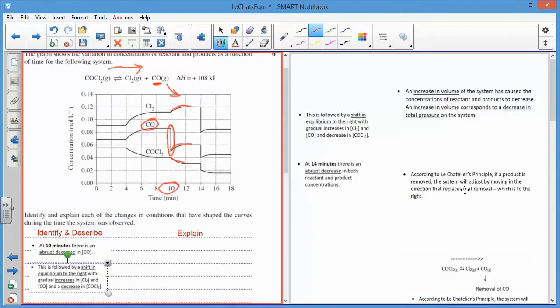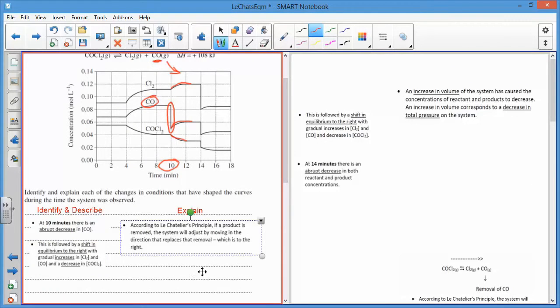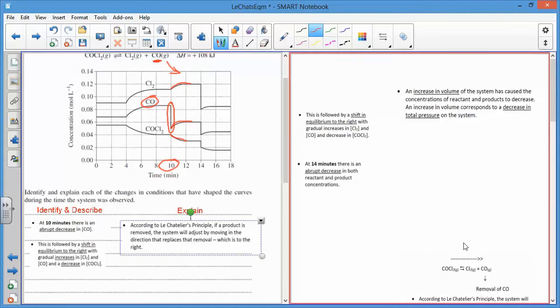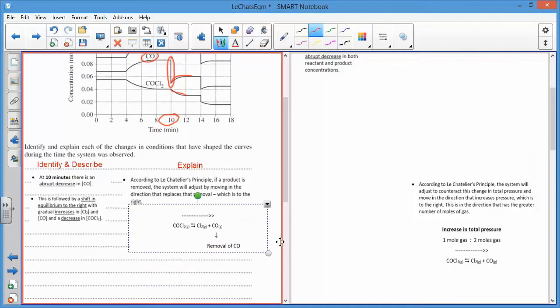Now explaining that, as I've said, according to Le Chatelier's, if a reactant is removed, the system's going to adjust and it wants to replace what's removed. So this leads to a shift to the right of the reaction. Equation-wise, this one sums it up nicely: removal of a reactant will drive the reaction to the right.